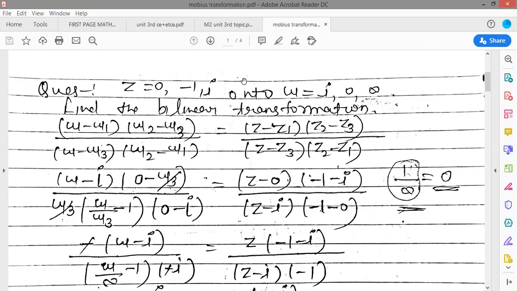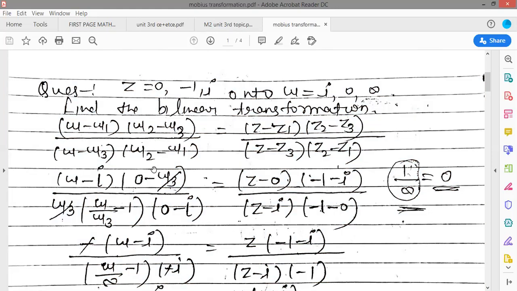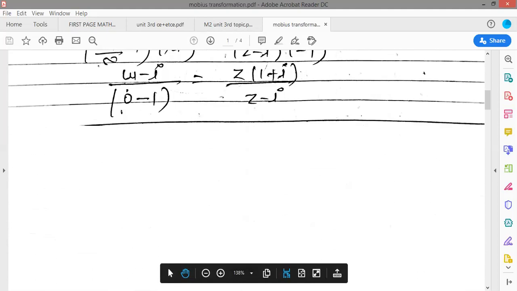To remove infinity from here, we will write our point as w minus i, w2 is 0, so 0 minus w3 upon w minus w3, w2 minus w1, and it's the same as it is here. To delete infinity from here, we take w3 in common, w over w3 minus 1. So w3 and w3 will be cancelled out, and our infinity is also deleted, and we can find our Mobius transformation.